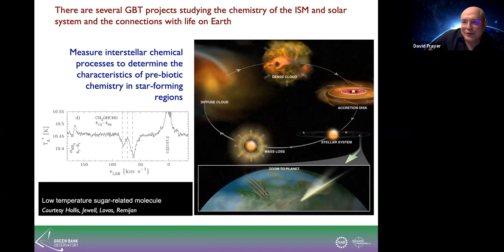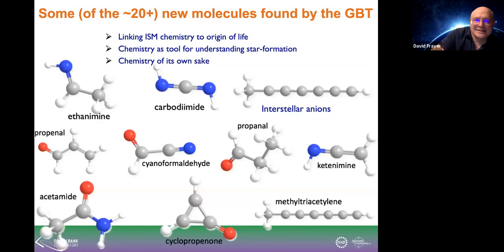If you go back many years, nobody thought you could have organic molecules out in the interstellar medium, but we're seeing that. This slide's somewhat out of date, but there have been 20 plus molecules found on the GBT, and this work is ongoing at a pretty fast rate.